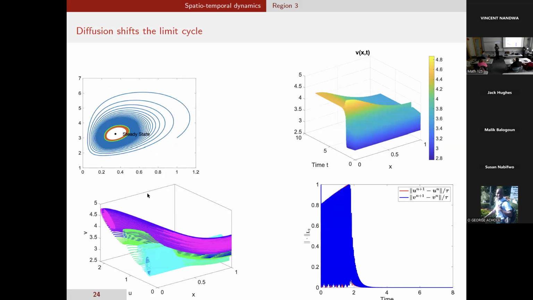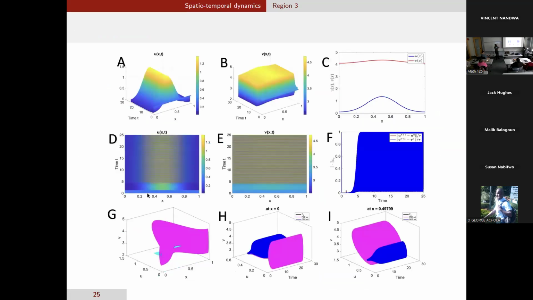In the third case, we have a limit cycle. In a limit cycle we can have different behaviors, and we need to understand them in detail. One way is we can still maintain the limit cycle, but it changes depending on the spatial location, which is shown in this part. We have the same limit cycle, but it changes its behavior.